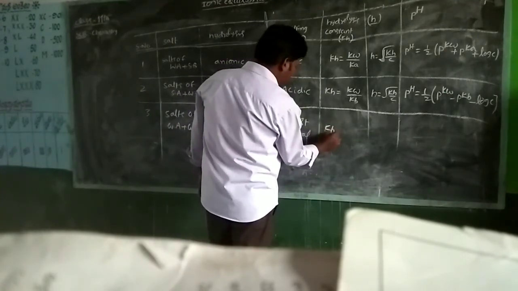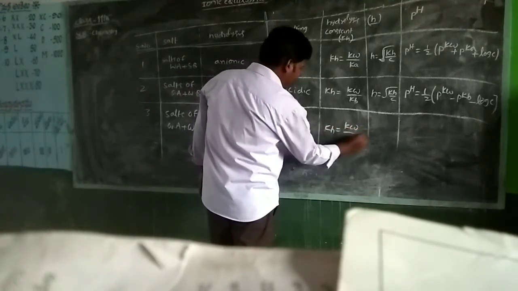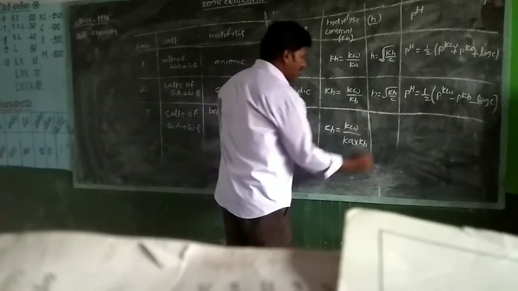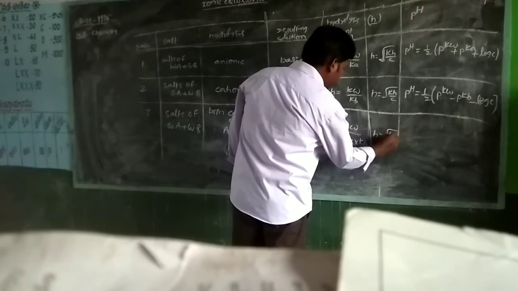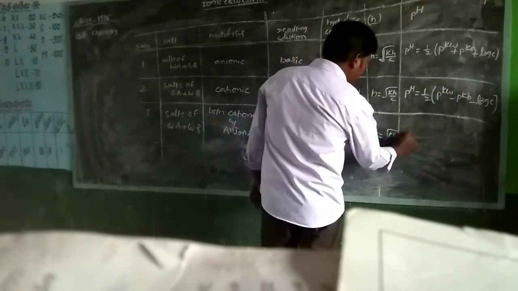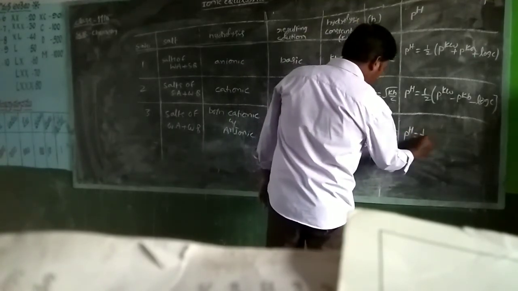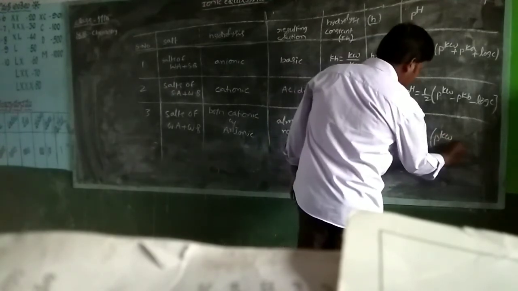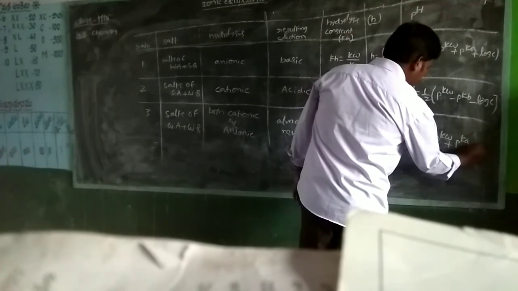Kh is equal to Kw by Ka into Kb, the degree of hydrolysis h is equal to root Kh, and pH is equal to half of pKw plus pKa minus pKb.